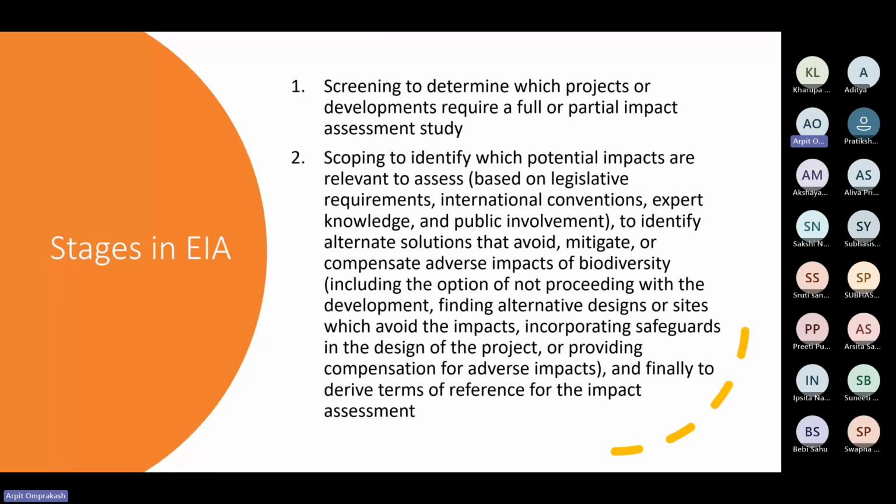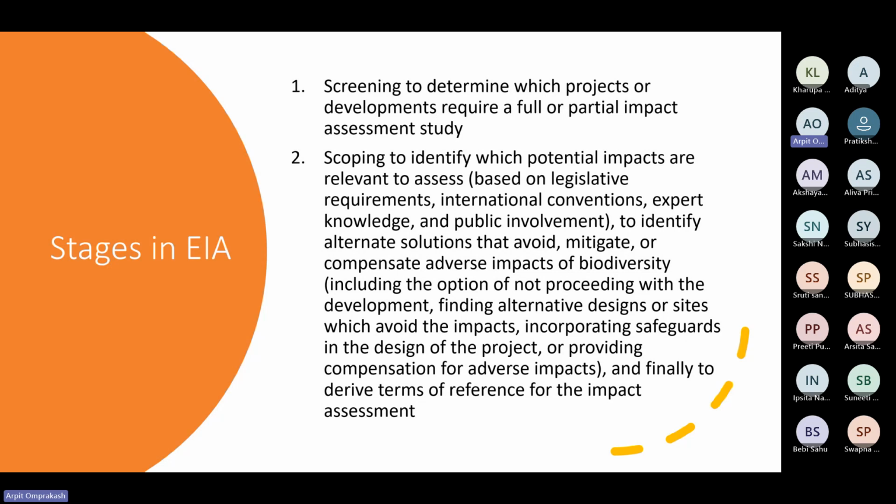So let's say this dam is too destructive, or is planned in a place which has a very high frequency of earthquakes, then we might decide not to even proceed with the development.